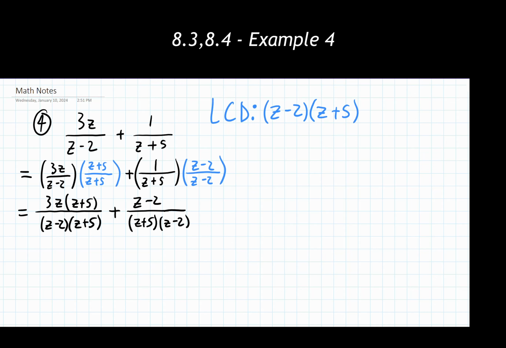So now, step 4 would tell us we need to add or subtract the numerators together to create a new single rational expression. I'm going to do one slight rewrite before I do that. I'm looking at the first numerator and I'm noting I could multiply that 3z and the z plus 5 together.